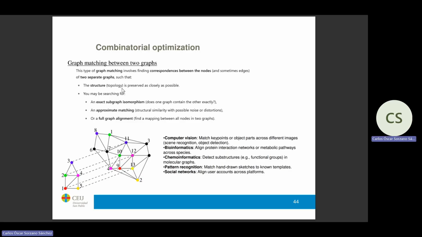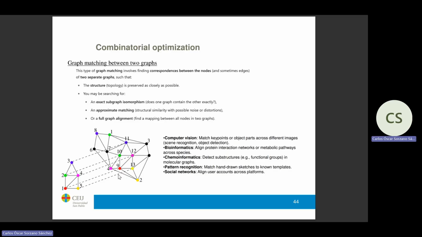And then you might have different objectives. So, for instance, you want the topology to be preserved exactly or as closely as possible. So maybe there is some edge here. Let's say that this edge in this graph is not there, but otherwise all the rest, the connectivity is almost the same. So you can look for exact matchings, that is exact subgraph isomorphism, or approximate matching.